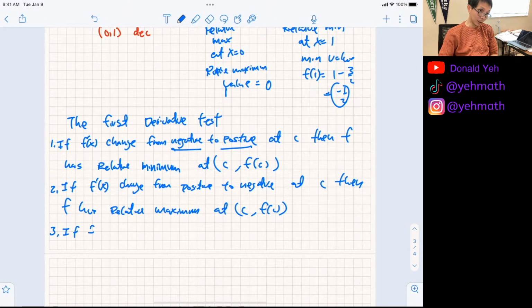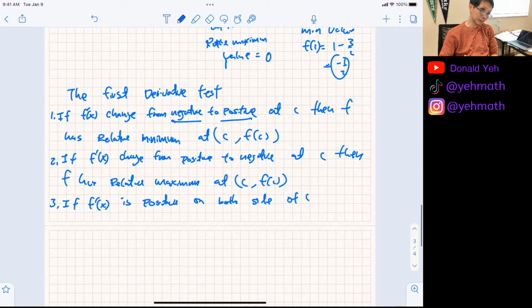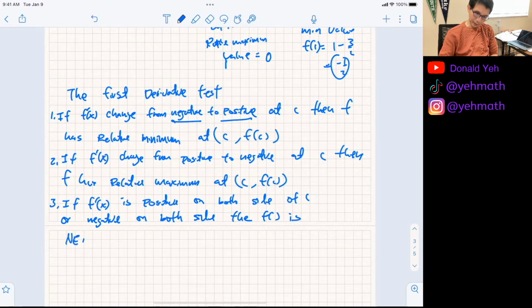They say if f prime of x is positive on both sides of C, or negative on both sides, then f of C is neither a relative min or max.